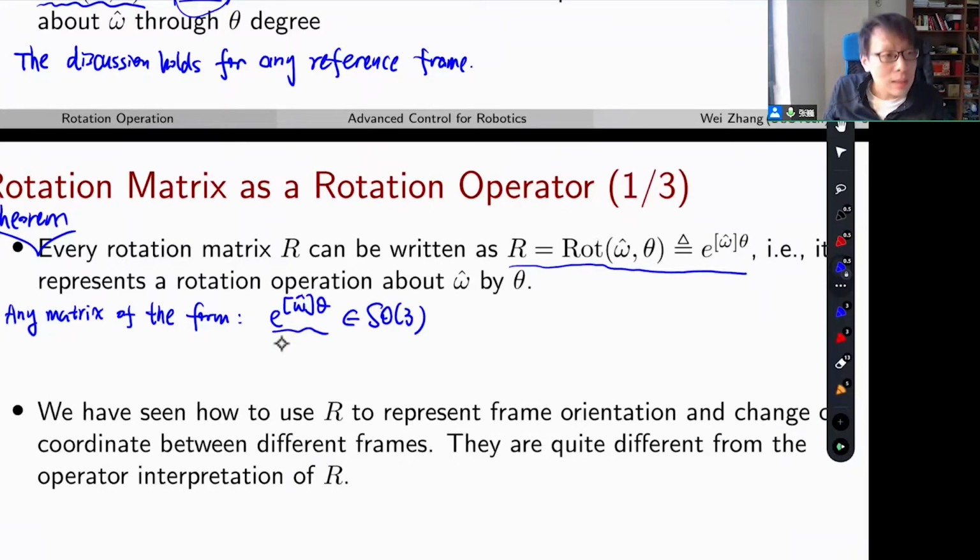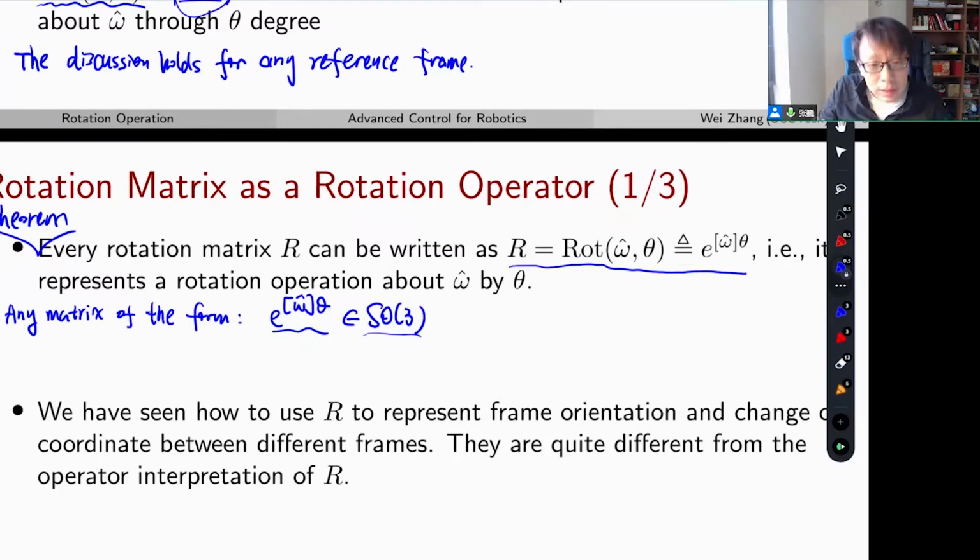I cannot directly say it's a rotation matrix, right? I know this serves as rotating something by theta degrees. That's an operator. And I haven't proved that it satisfies the requirement to be a rotation matrix that we defined in lecture 2. You have to make sure of this.